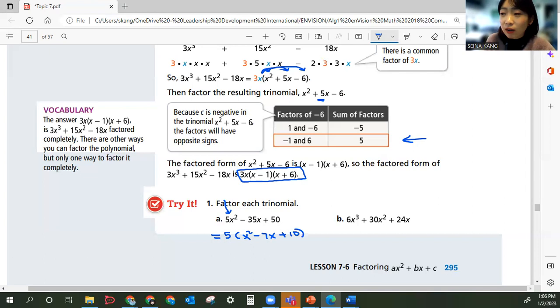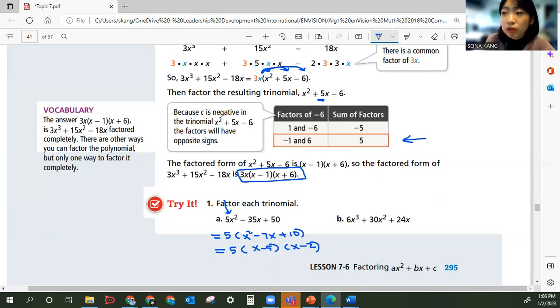And you're going to factor the trinomial, the simplified trinomial here. And what do you get? You should get x minus 5 times x minus 2, okay? Minus 5 times minus 2 is equal to positive 10. And if you add them together, you get negative 7.